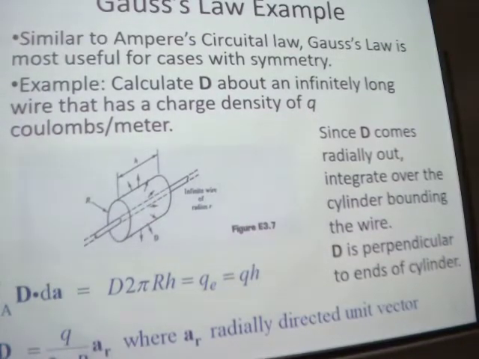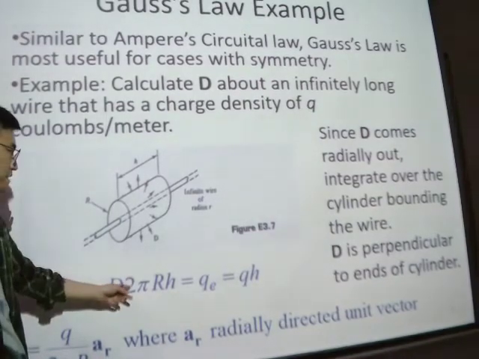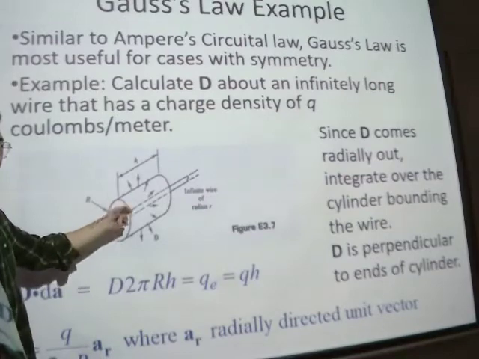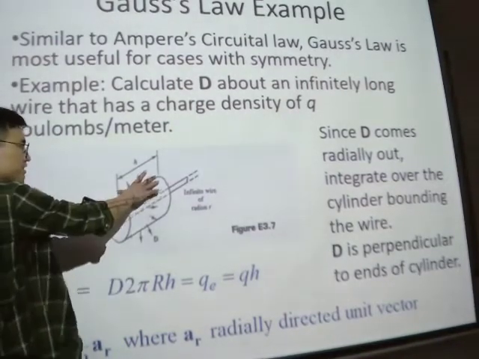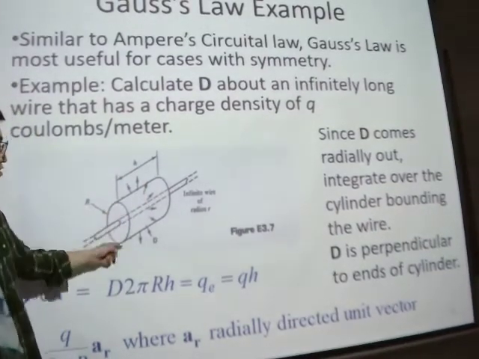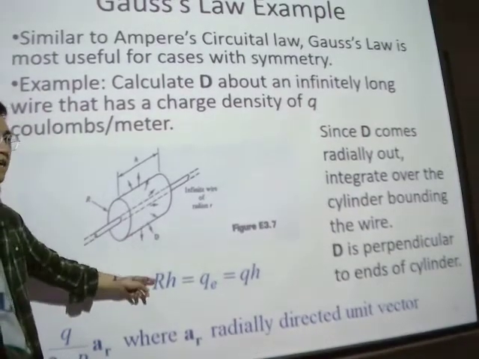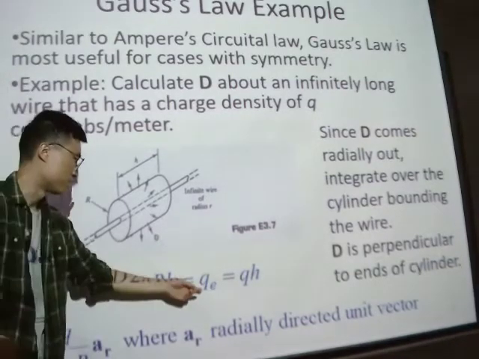So in that case, the integration of this electric flux density is quite easy. D multiplied by the area of the cylinder, where the circumference of this circle is 2 pi times the radius.